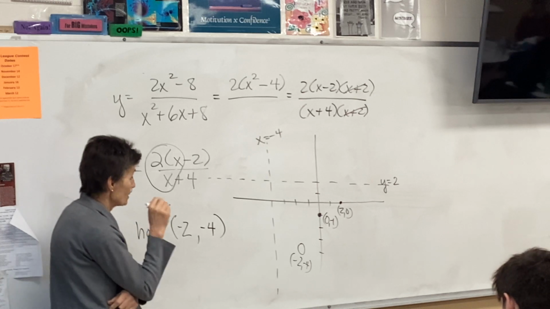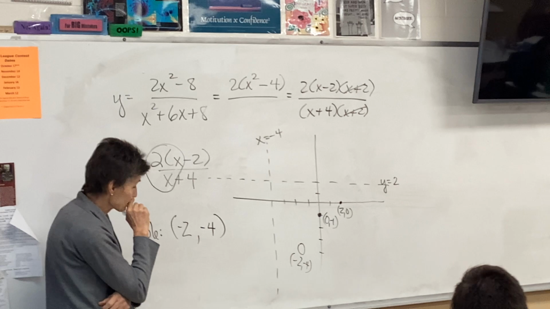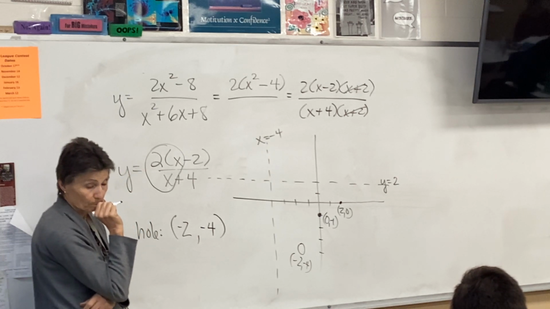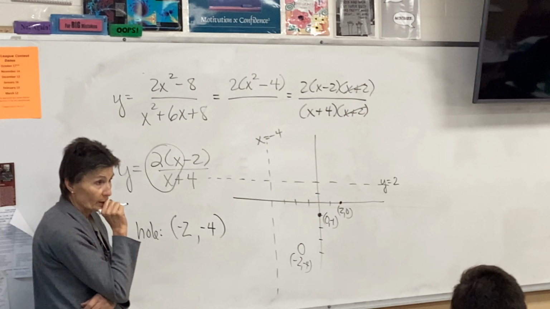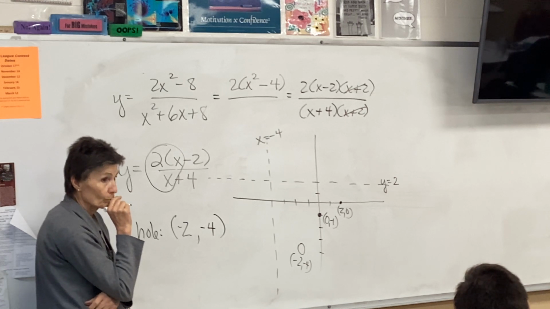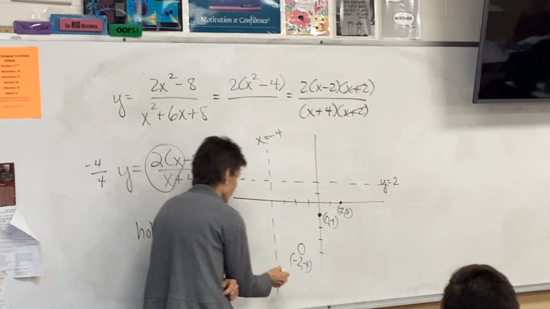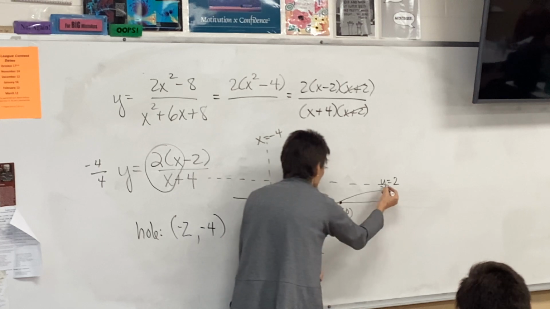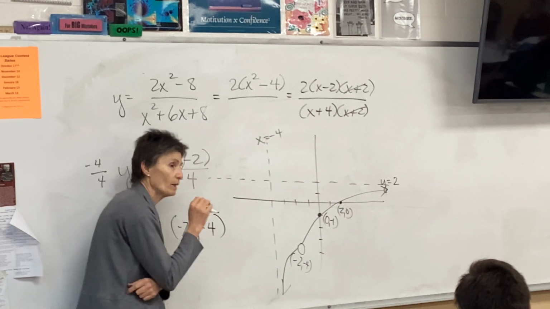Okay, so now I need to sketch this in. Can you sketch it in? Would you do a parabola? Oh, no, no. There are no parabolas in a picture with one vertical asymptote.